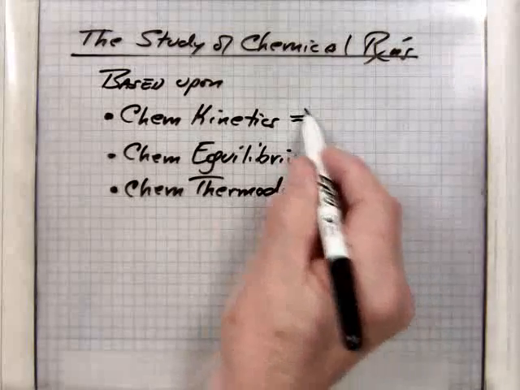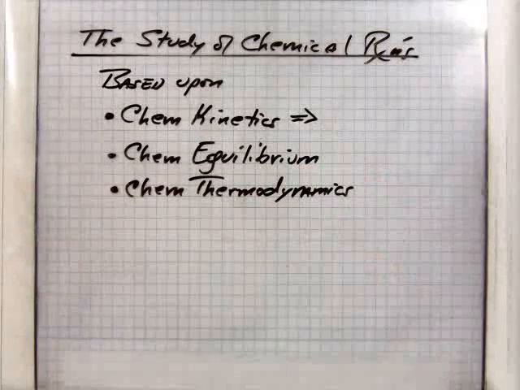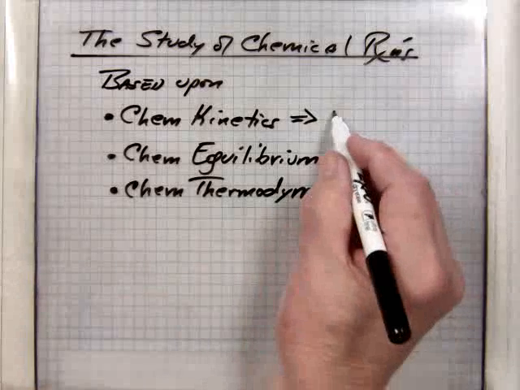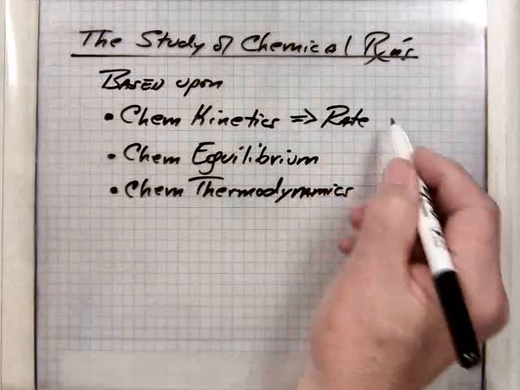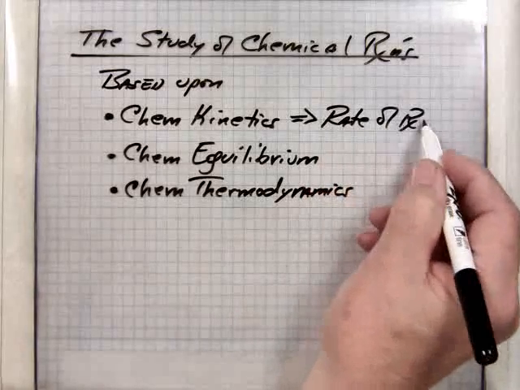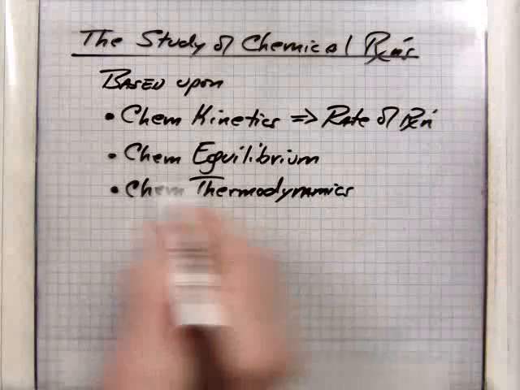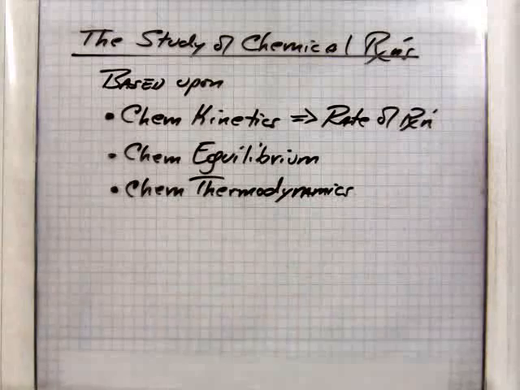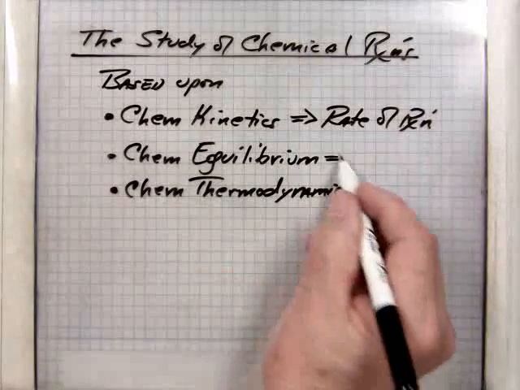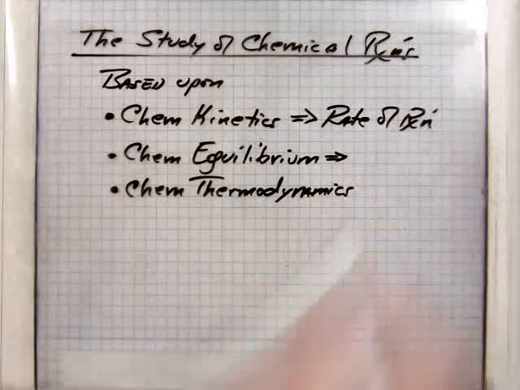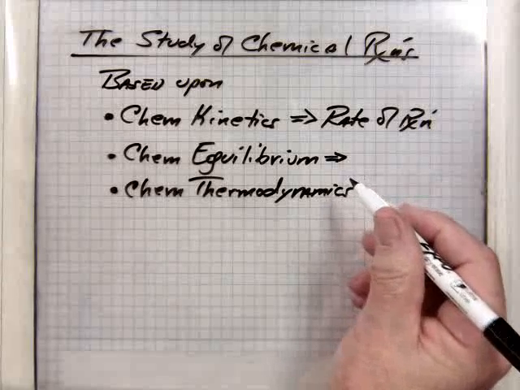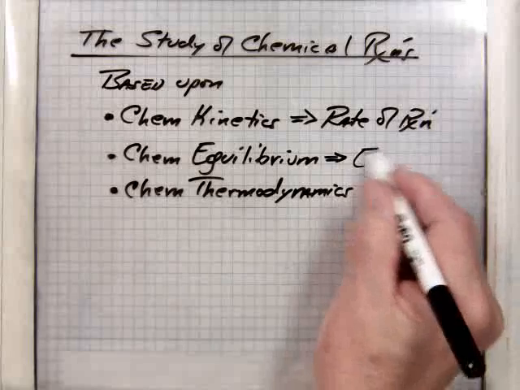In chemical kinetics, we're dealing with rates of reaction, or speed of reaction. In the equilibrium region of a reactive process, we're studying the character of the reaction at its extent of reaction.